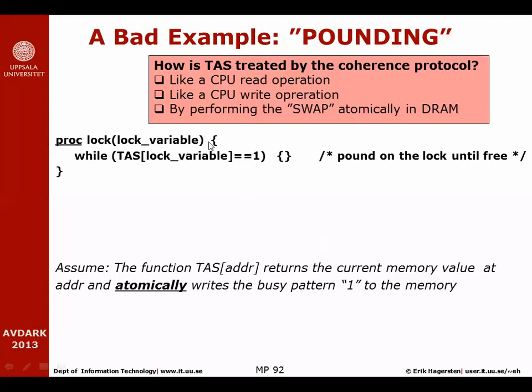So here's the question: how is this test and set inside the loop treated by the cache coherence protocol? Is it like a CPU read operation, a CPU write operation, or is there some kind of swapping performed inside the DRAM? It is like a write operation, as we said just a couple of slides ago.